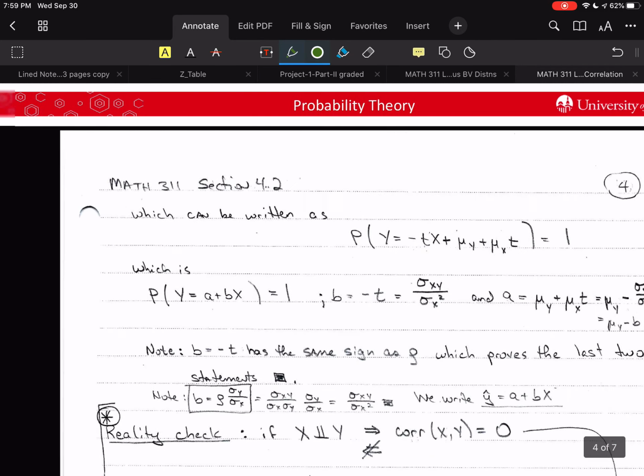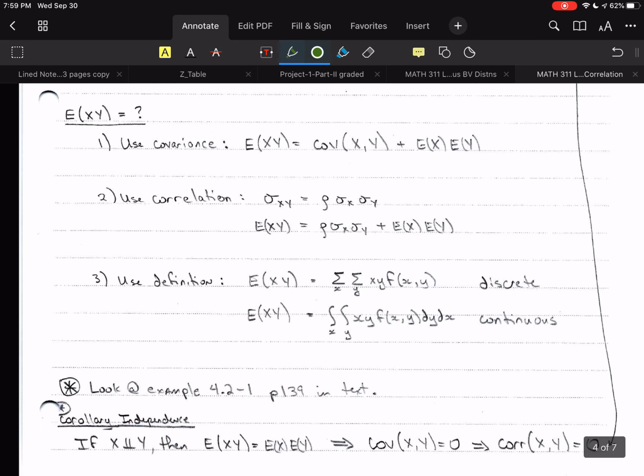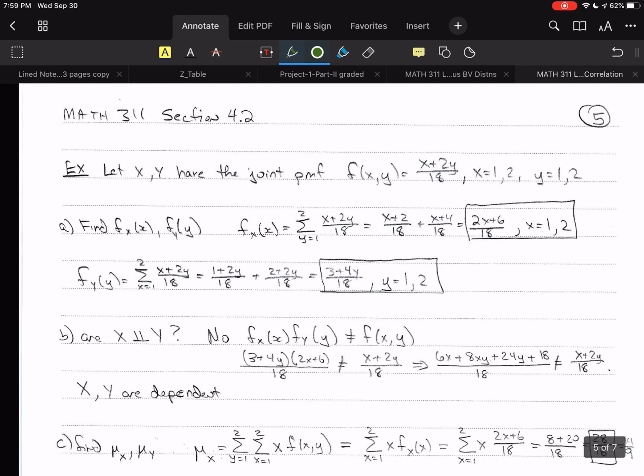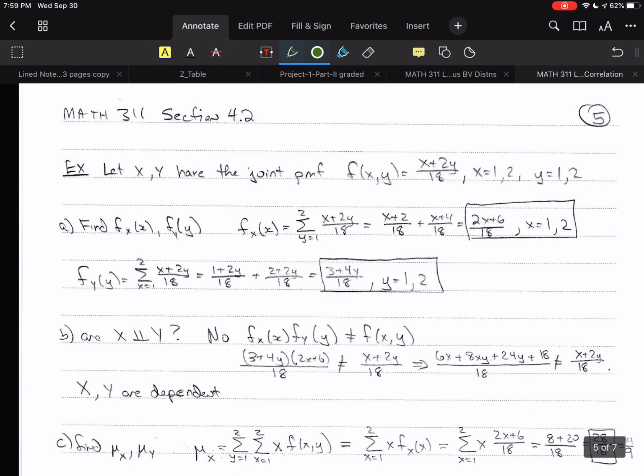And so we finish this up, and so let's do this example. Let x and y have a joint PMF. So this is a discrete random variable, f of xy equals x plus 2y over 18. X can be 1 and 2, y can be 1 and 2. So our first thing that we're going to do is find the marginals.